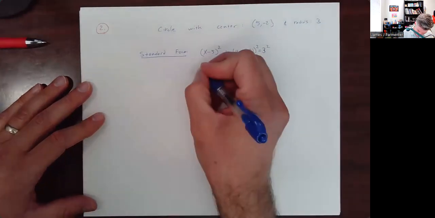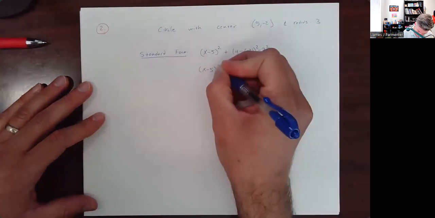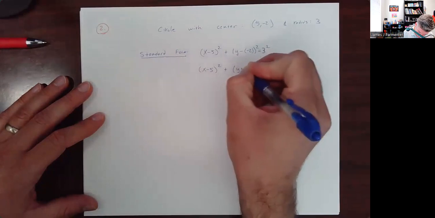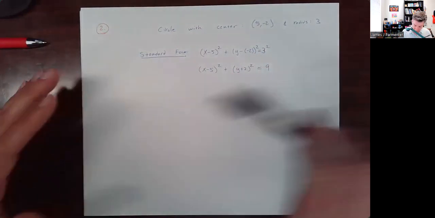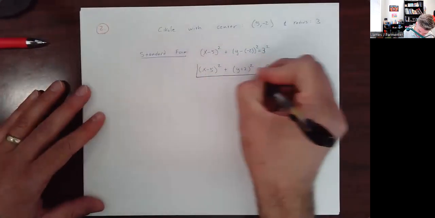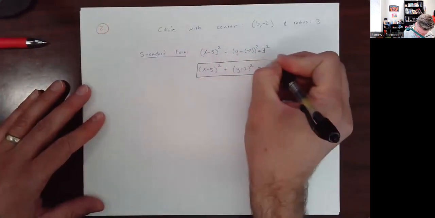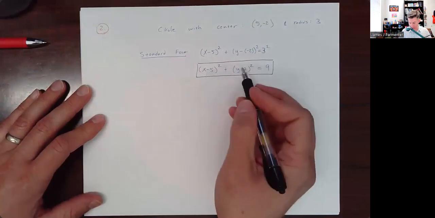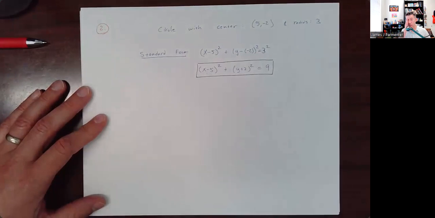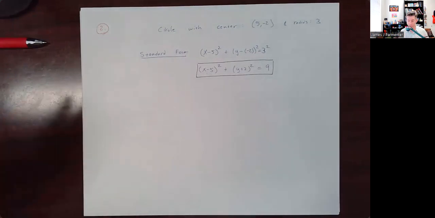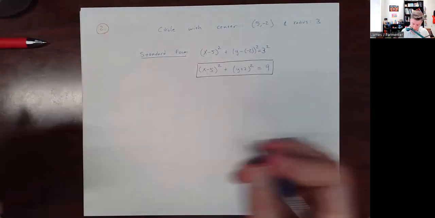And then simplifying this just a tiny bit, (x minus 5) squared plus (y plus 2) squared equal to 3 squared, which is 9. And this is how I would leave it if I was writing it in the standard form. Very obvious that the center is x is 5, y is -2, and the radius is the square root of 9, which is 3. But now I'm going to change it to the general form by multiplying it out and writing it the other way.